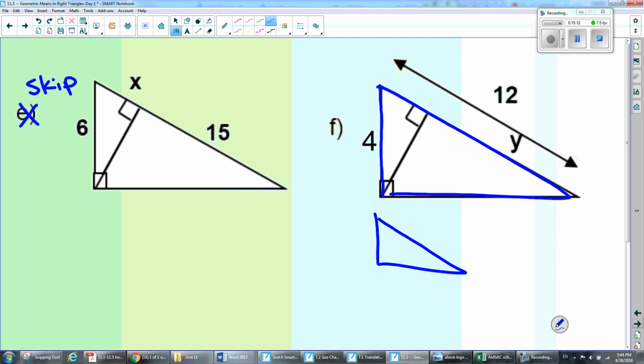I need to use that triangle. If I look at this triangle in red, do I know two side lengths? I know one is y. I don't know either the height or the hypotenuse. That's why we do not use that red triangle. We don't know two side lengths of the red triangle.